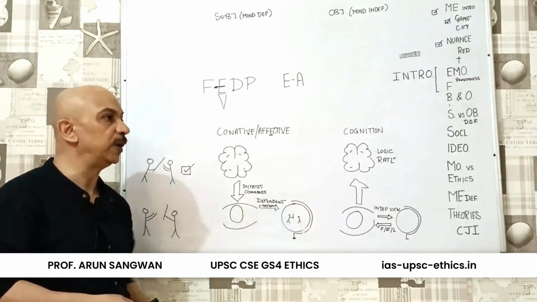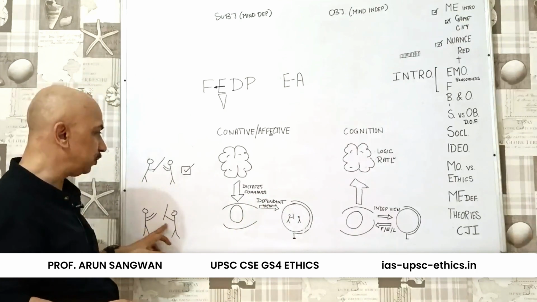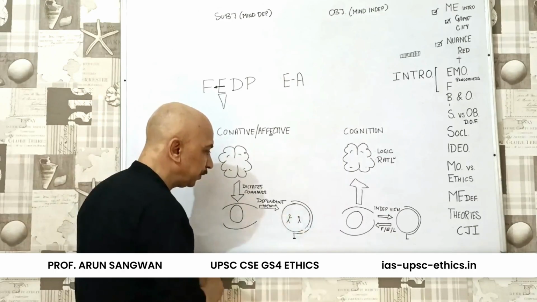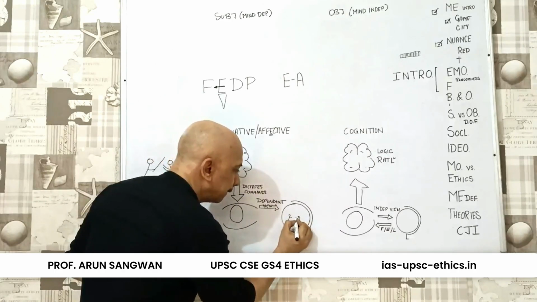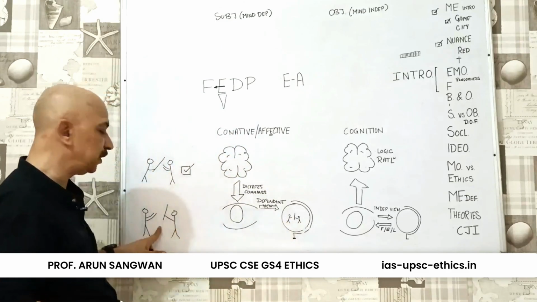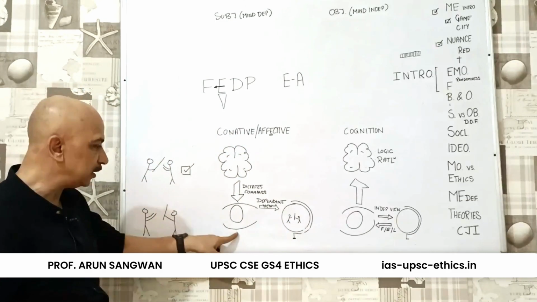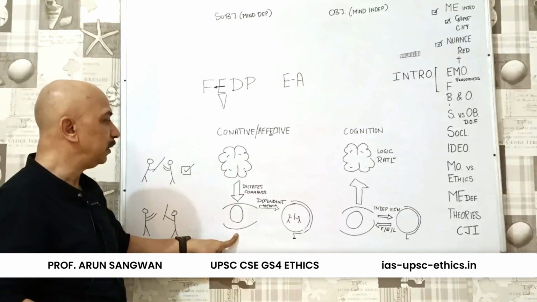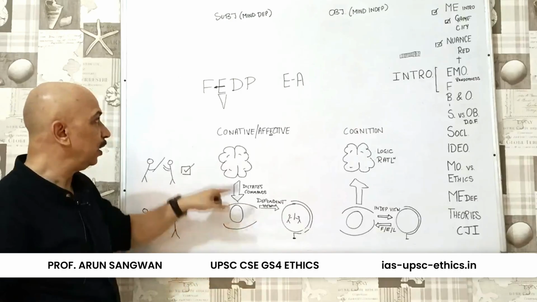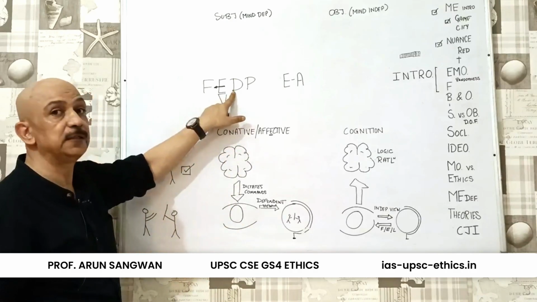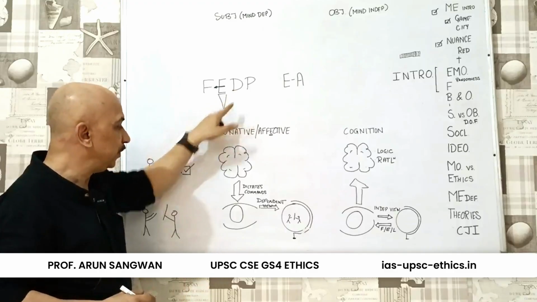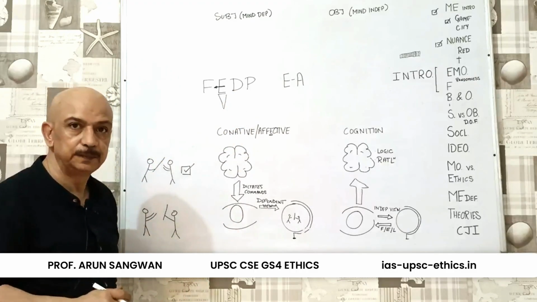Supposing the reverse was to happen, supposing this was happening here, and it was like this person is beating this person, this scenario. Now I ask the same person, is it right or wrong? If it is not as per his or her desire, then they'll say it is wrong.